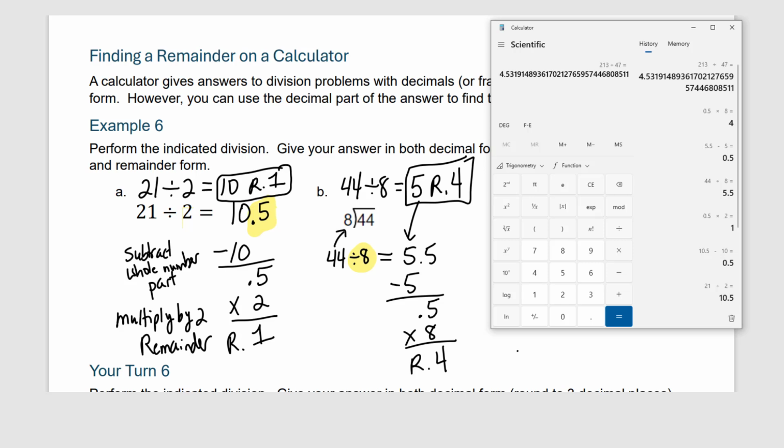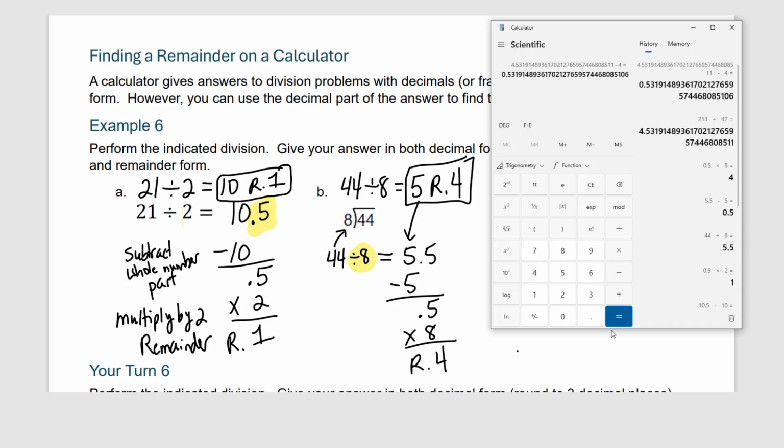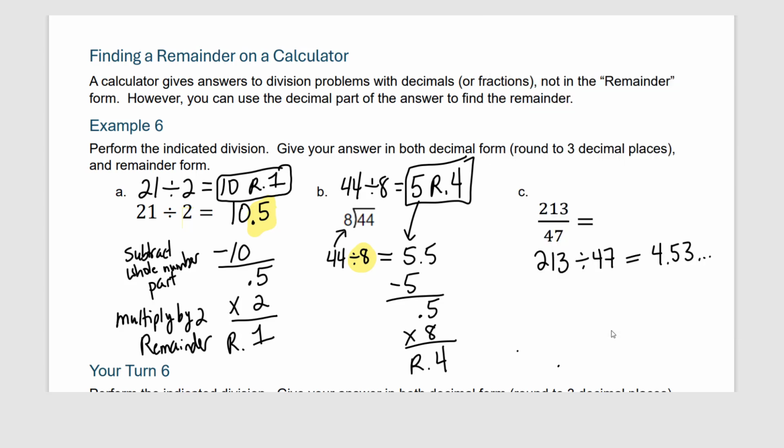Okay, but I'm going to subtract off the whole number part. What's the whole number part in this case? The 4. We just want the decimal, so subtract 4. That just leaves us with the decimal, 0.53, etc., etc. But I don't want to round off.